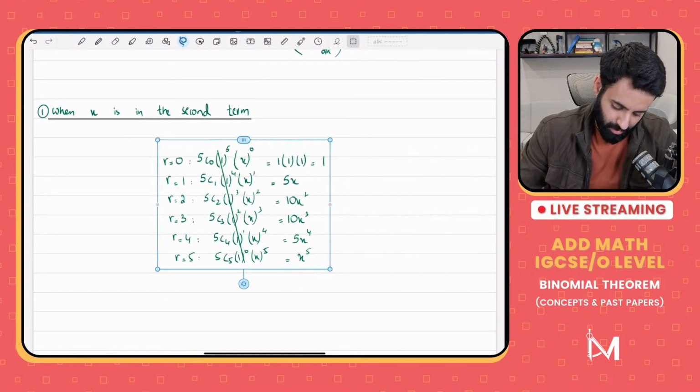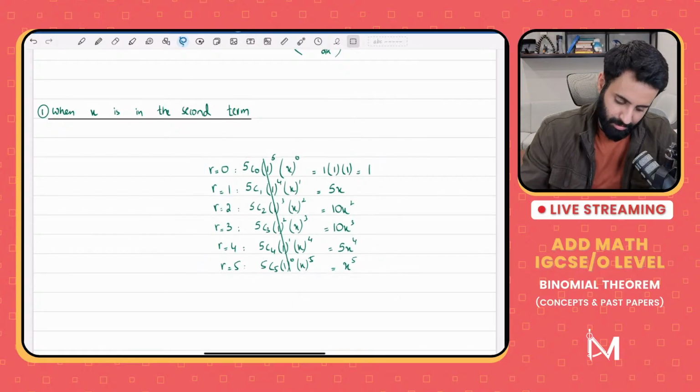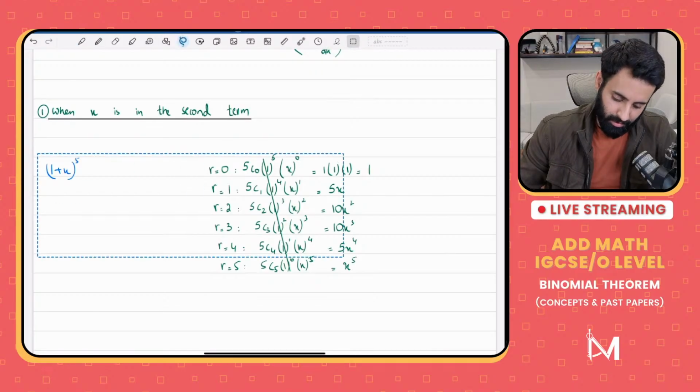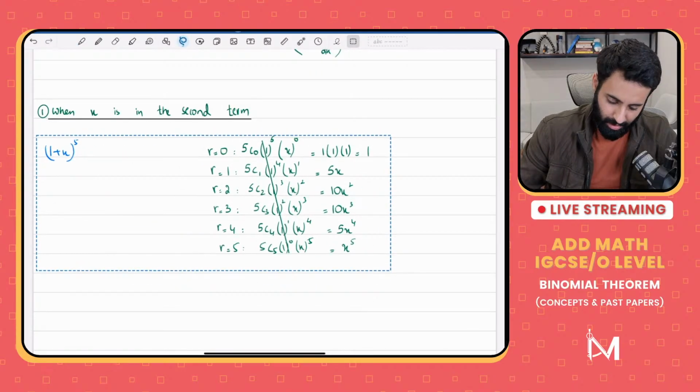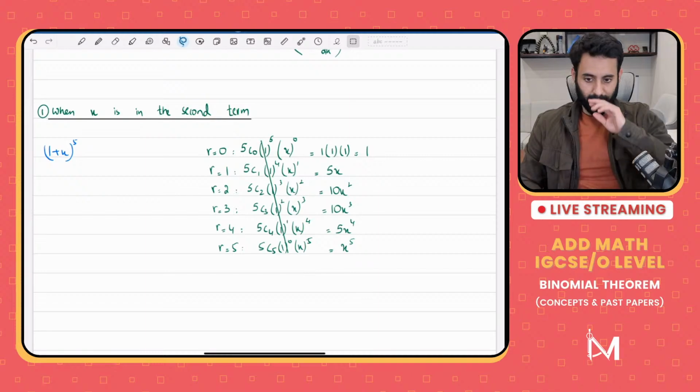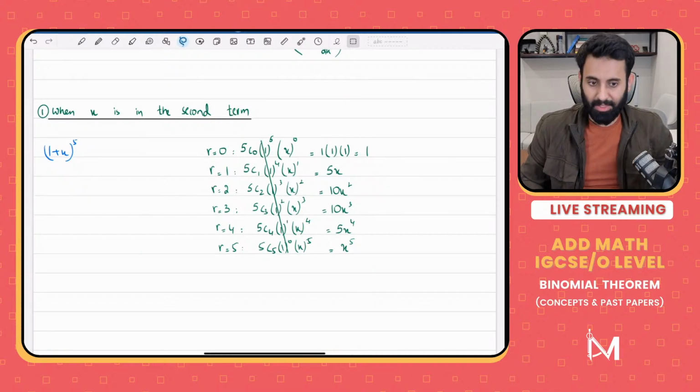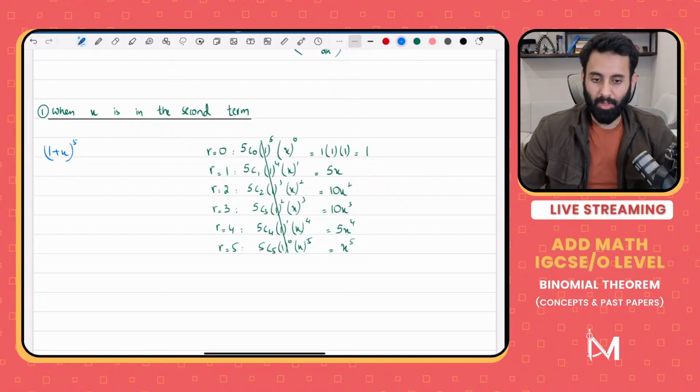So this is the expansion of 1 plus x, the whole thing, power 5. Yes, that is correct. r is equal to the power of x.